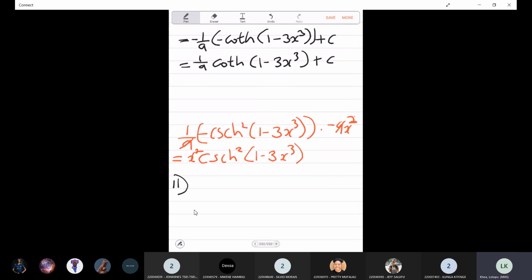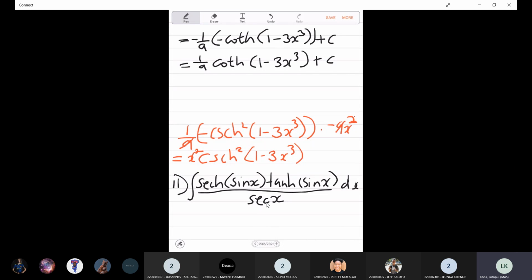Okay, so number 11, we have the integral of sec hyperbolic of sine of x, tan hyperbolic of sine of x over sec of x dx.